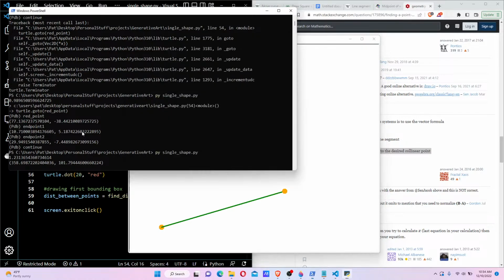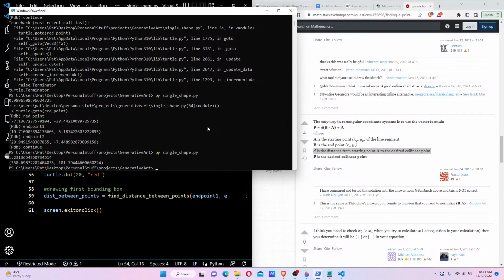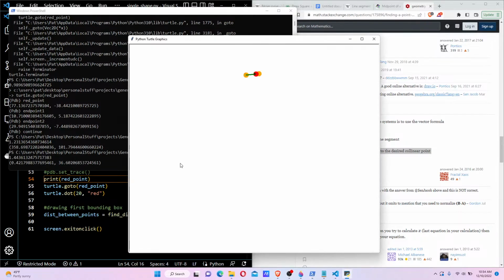Okay. So it doesn't show any error. It's just that the red point isn't anywhere on there. Well, there it's on there.